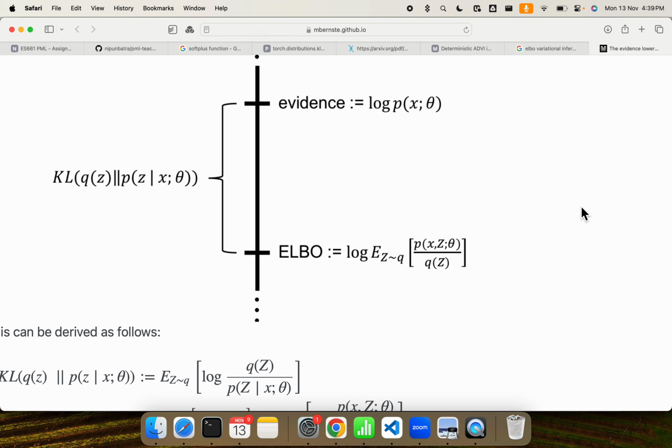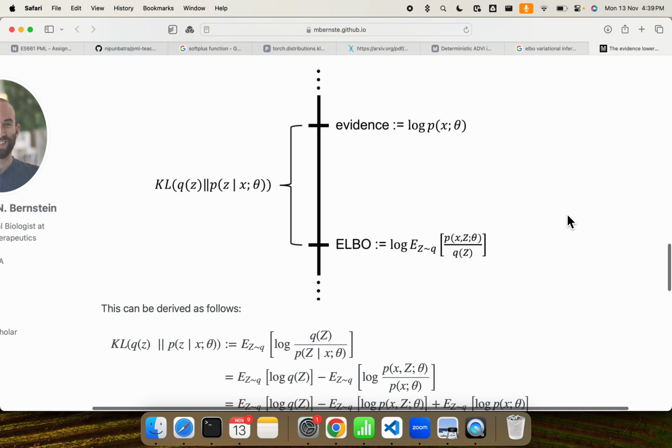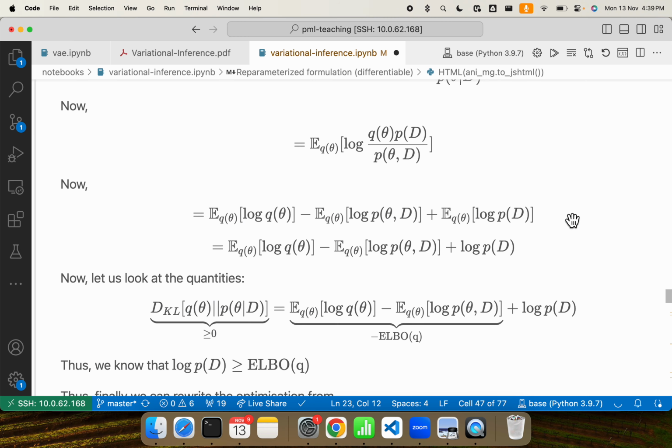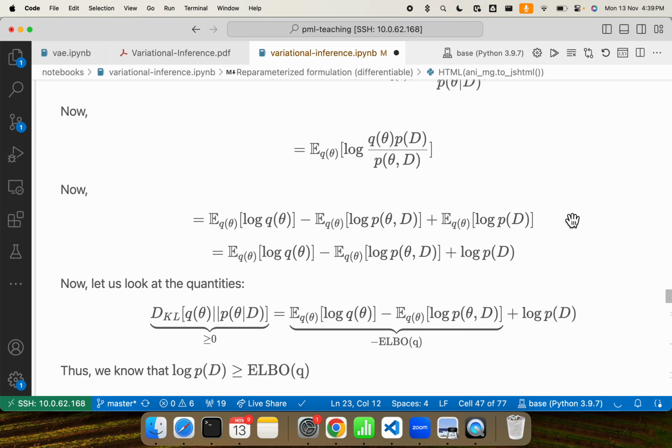So this was the reason I was a little hesitant in starting this topic. It's a little involved. But essentially what we have seen is, the original problem was what? Minimize KL divergence between Q and the posterior, right? Can we think of P of D as some constant?